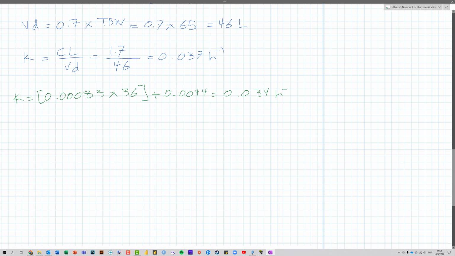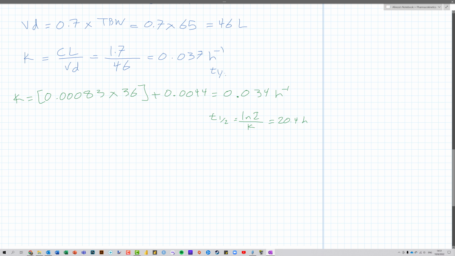Now, a small deviation in K can be a little more when you convert it to half-life. If we calculate the half-life based on this, so ln of 2 divided by K, this will give you about 20.4 hours.